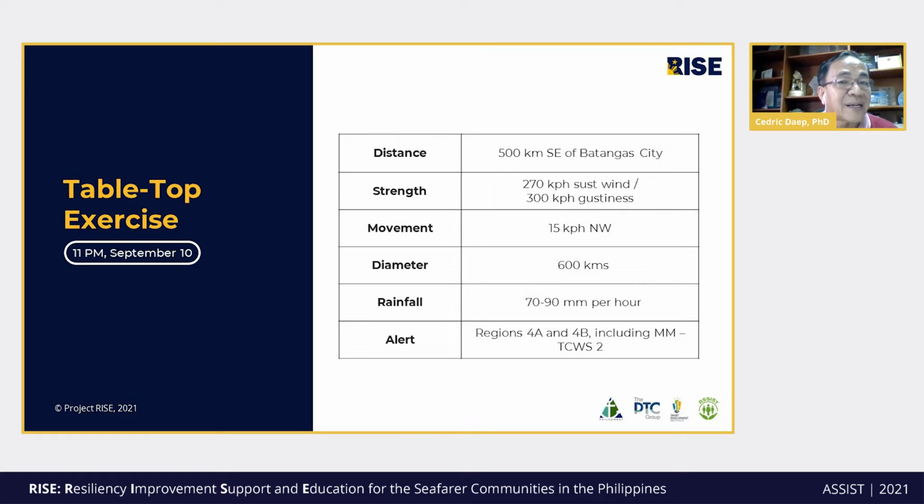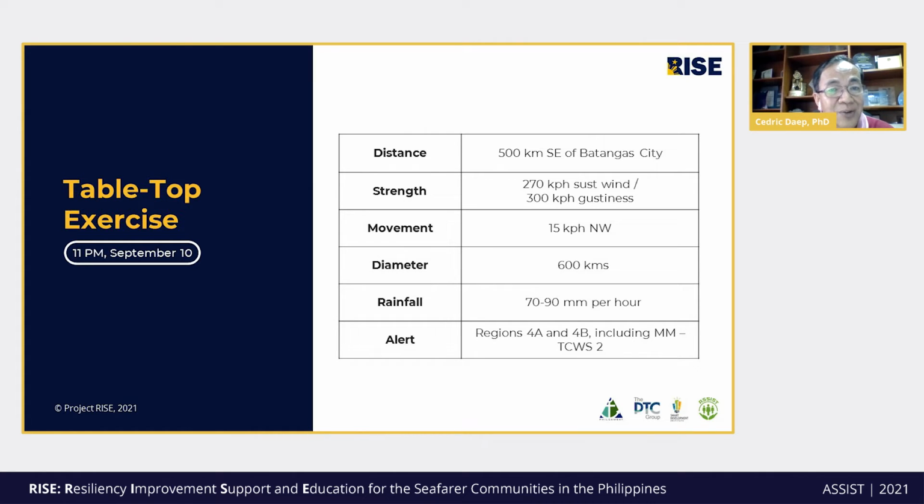So this time, 500 kilometers southeast of Batangas, while the diameter is 600, ilang kilometers na lang siya bago pumasok yung ulan. So with a radius of 300, meaning 200 kilometers na lang, mag-uumpisa na ang ulan. So kung 200 kilometers na lang, and then moving at 15 kilometers per hour, 500 kilometers minus 300, so 200 kilometers na lang.